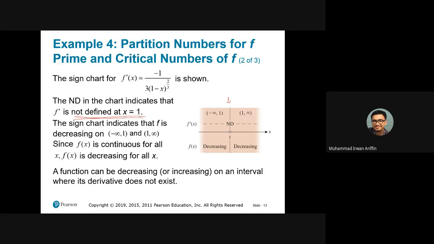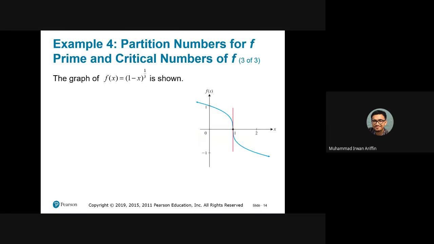Just take note that the function can be decreasing or increasing on an interval where its derivative does not exist. This is the graph of the function 1 minus x to the power of 1 over 3. This is where it is not defined, where the slope is not a horizontal tangent line.